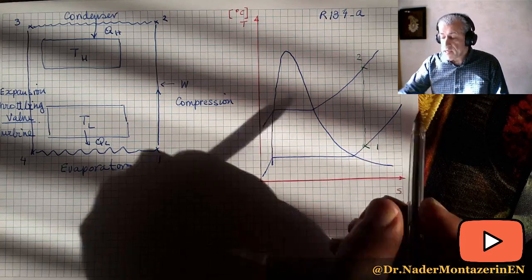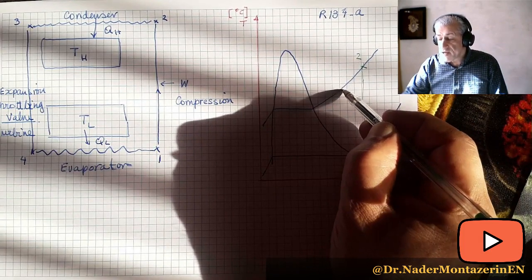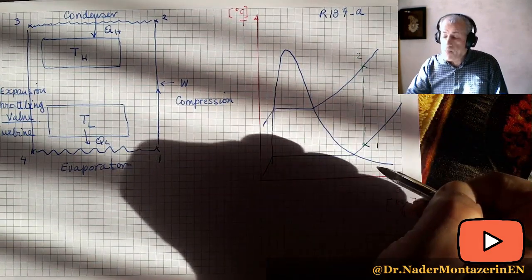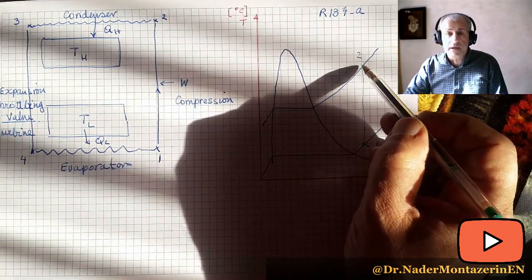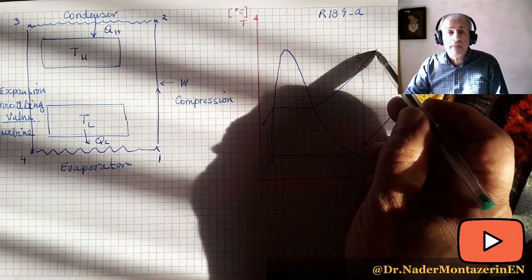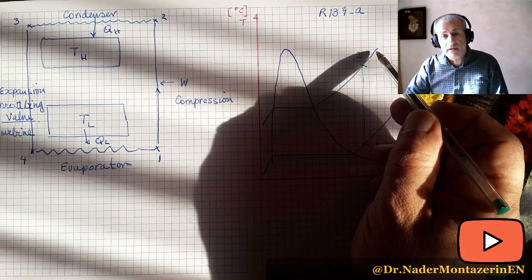So sometimes it's better if point 2 is in fact somewhere at a lower entropy than point 1, or sometimes if the compressor is not isentropic, then you would have point 2 where some entropy is generated due to irreversibilities.